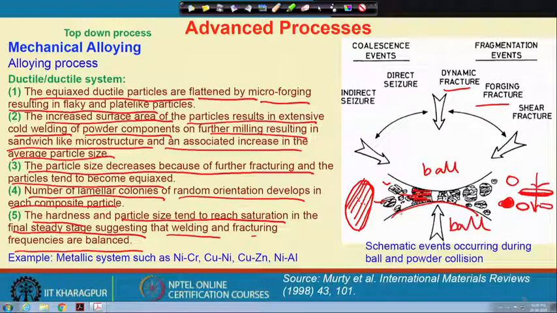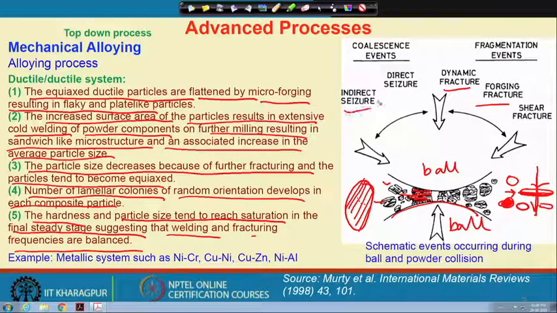Since the particles are a ductile system, there is a competition between the fracturing of the particles and the welding of these particles. When these two processes are optimized, then we can achieve an optimized condition or frequency for a particular particle size. So, this is one of the very important aspects.